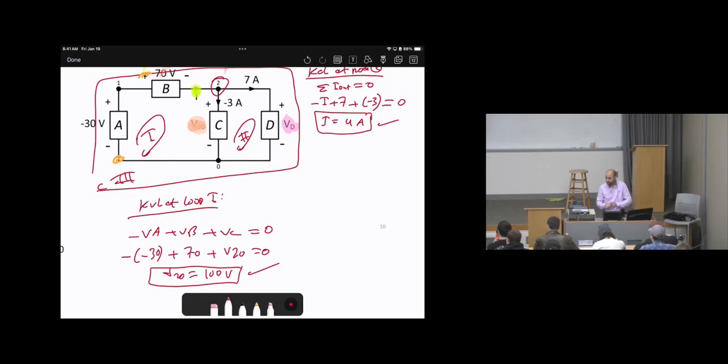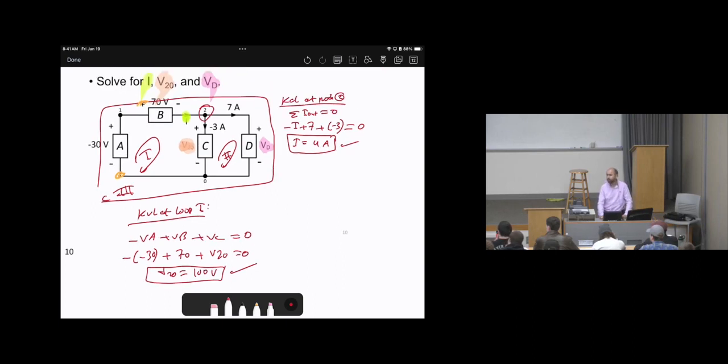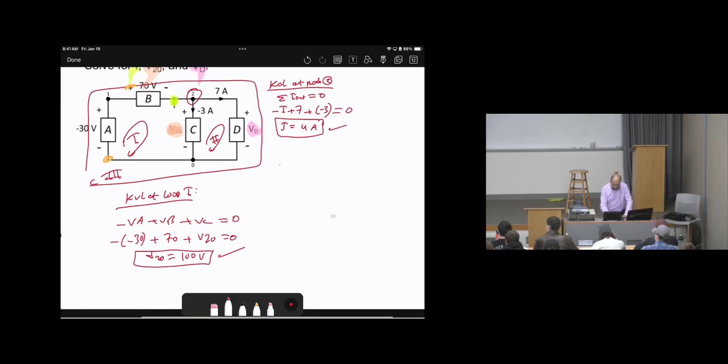Negative 100 volts. Okay, negative 100 volts. How did you find this? You just move the 70 and the 30 over to the right side, which is making KVL. Okay, let's do KVL at loop 2.